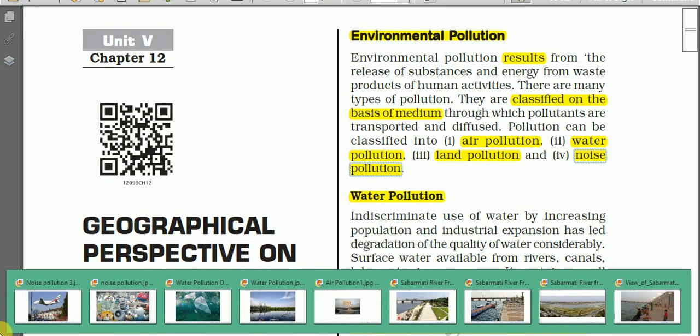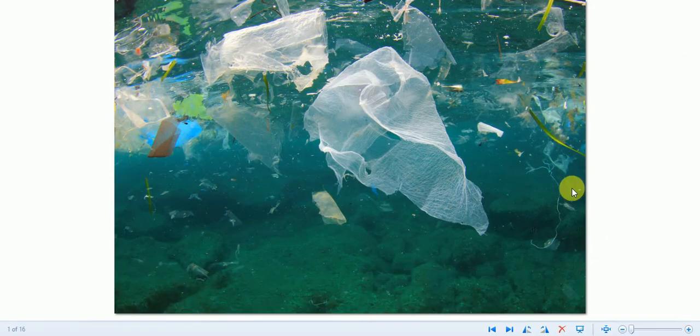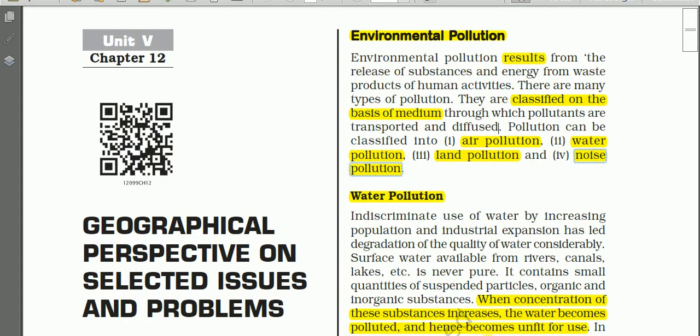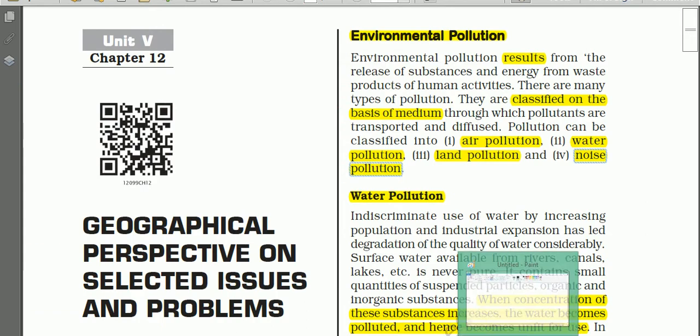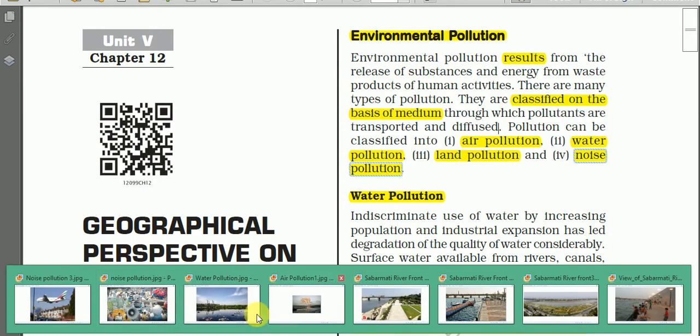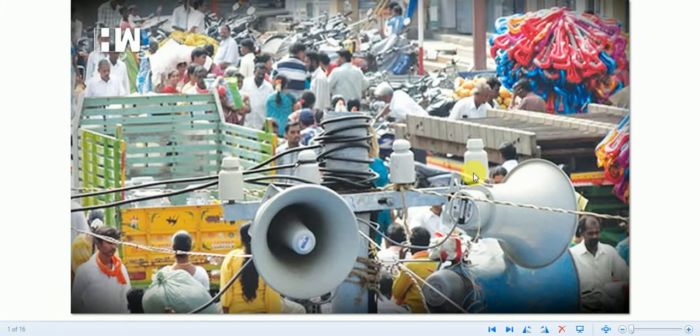Then here this photograph shows water pollution. So many of these plastic substances, okay, are found in these water bodies. Then here it shows noise pollution.